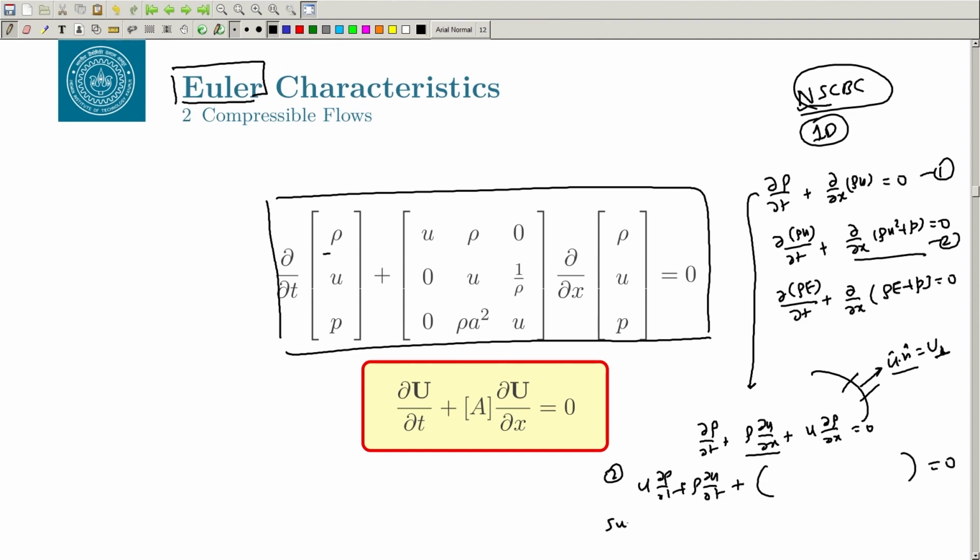Okay, subtract equation 1, and you will get an equation which will become du/dt + u ∂u/∂x + (1/ρ) ∂p/∂x = 0, which is what is given here by the second equation.